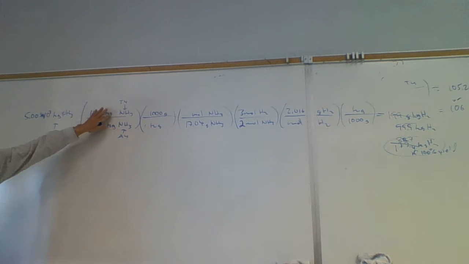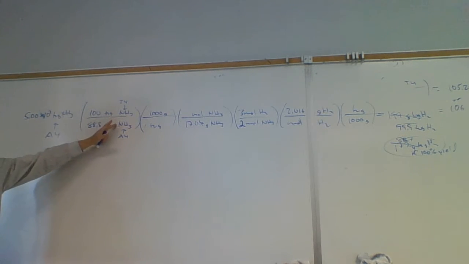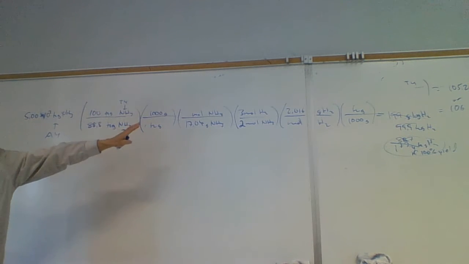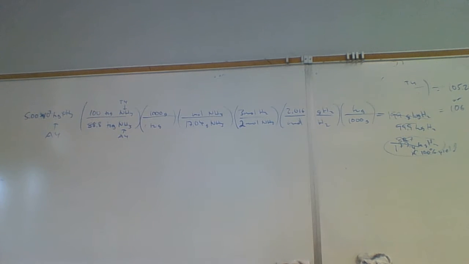I redid the calculation without it, because if it's 100% yield, then it's 100 out of 100, so it's just 1. All right, any questions on this?